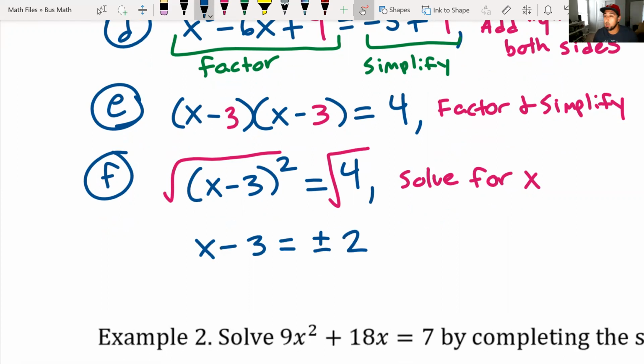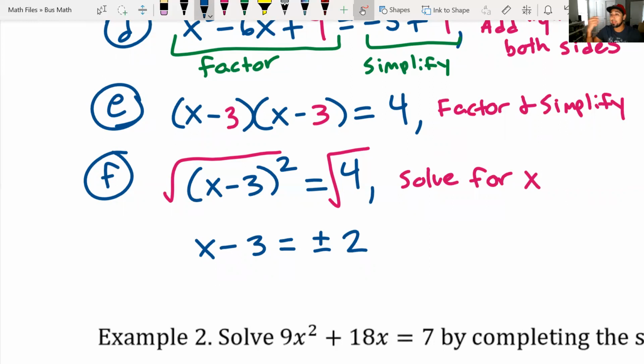So remember, when we're solving for a variable, if we square root both sides, the number on the right should be plus or minus always. You should always have two answers on the right side, a positive and a negative, plus or minus 2.